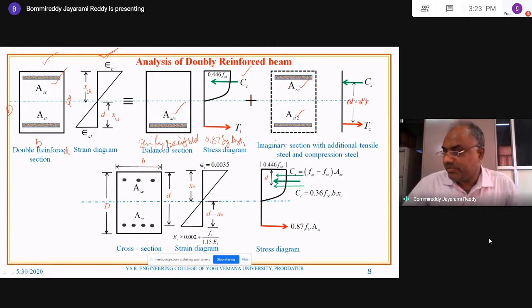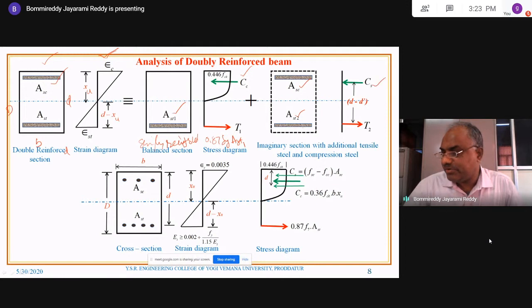And after that, this is the stress diagram. Already you know the top is 0.45 FCK, and it is a parabola rectangular, initially rectangular and then the parabola portion. And again, for the compressive steel and also for the tensile steel, the compressive force corresponding to the compression steel is CS. CC means compressive resistance of concrete.